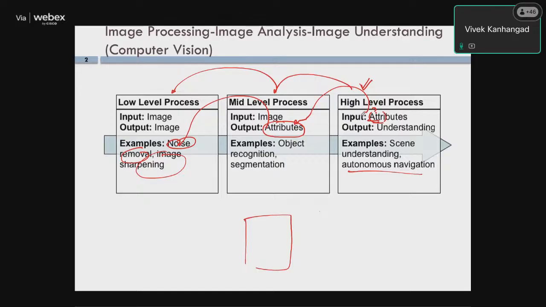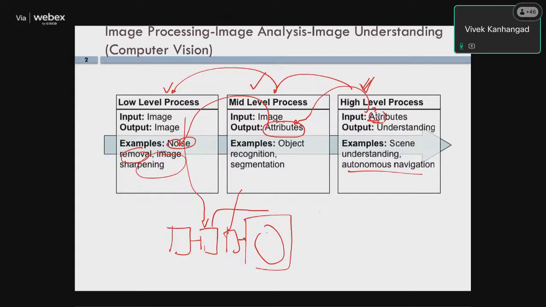Essentially, the input even to the high level processing is actually an image, which in most scenarios will undergo low level processing and some mid level processing, and those outputs are fed in. So overall, a computer vision system will involve some low level processing, some mid level processing, and finally high level understanding.